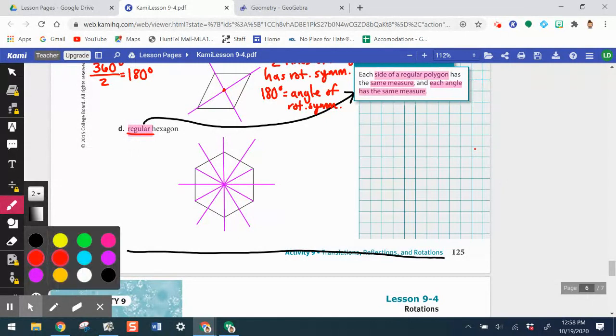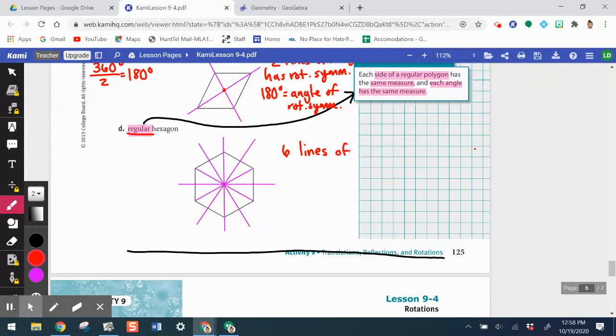This regular hexagon has 6 lines of symmetry. So I probably should say here, it has reflectional symmetry, so it will definitely have rotational symmetry.